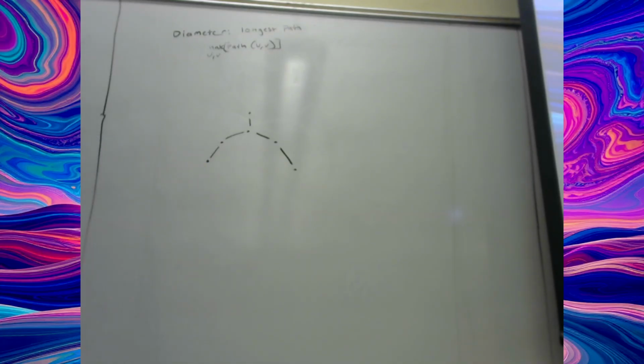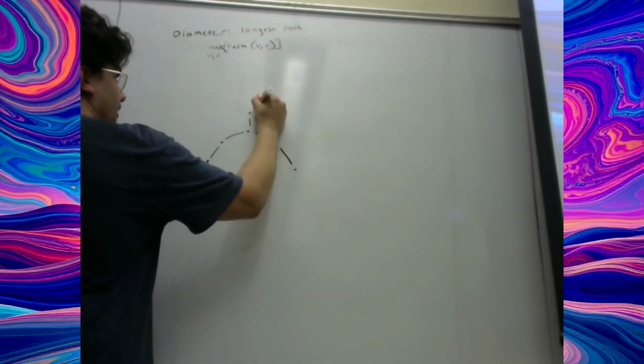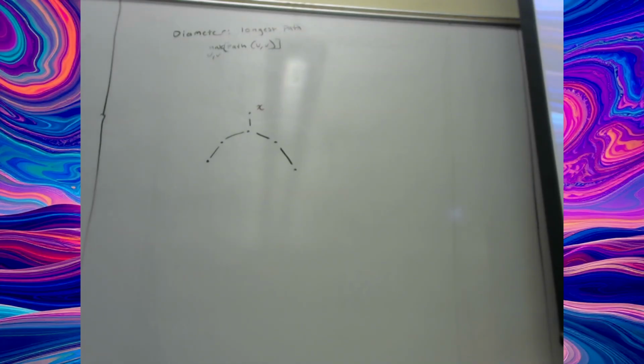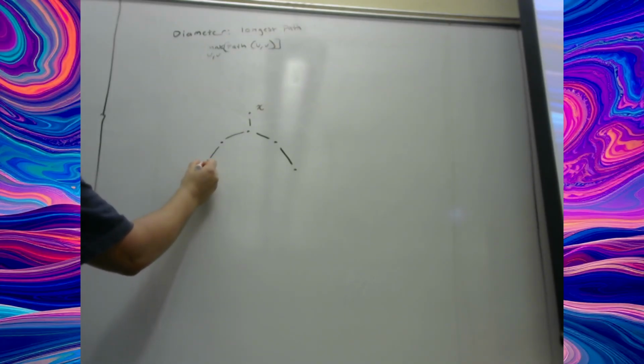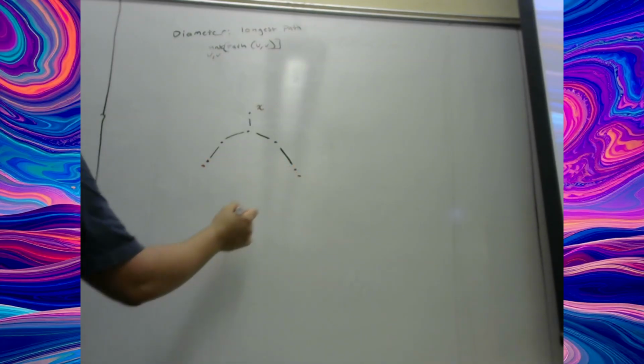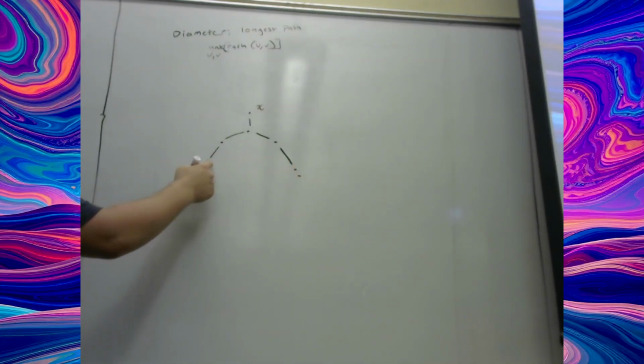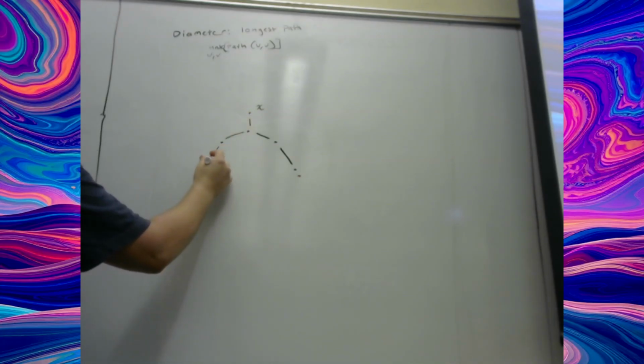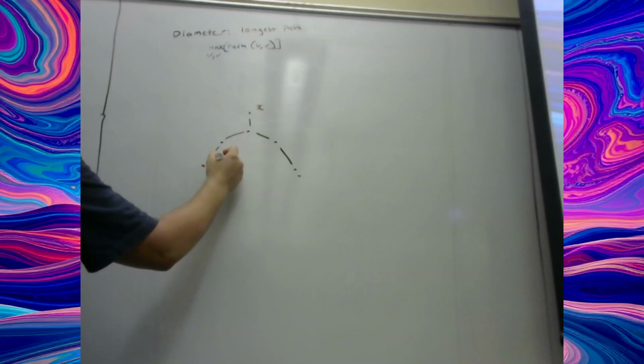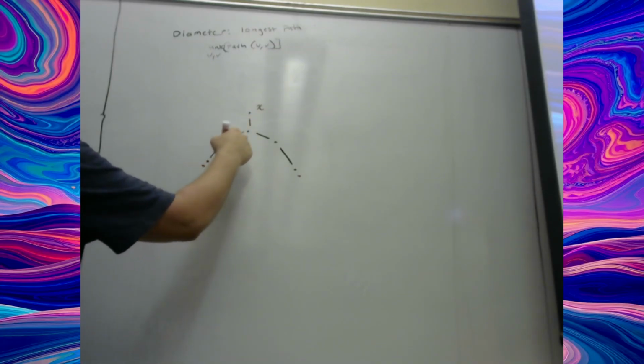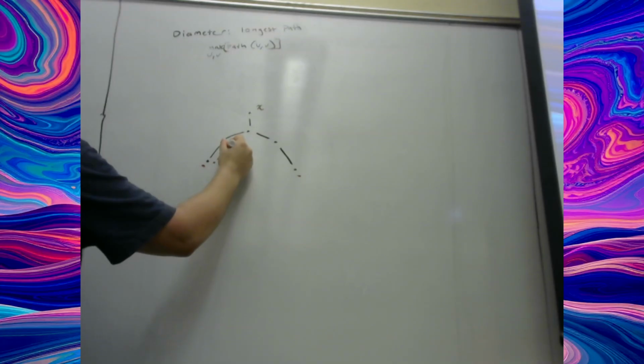Let's take some point x off of the diameter, in this case right here. If we were to take a path from here to here, and measure the distance from each point as we traverse along this path, right here the distance is 1, 2, 3.